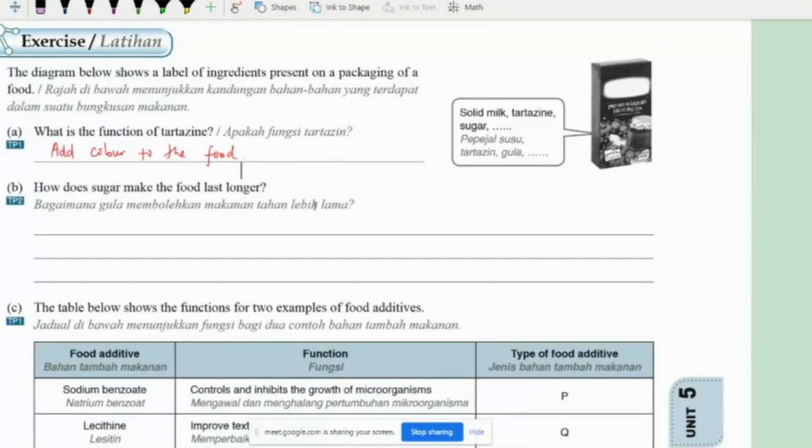Or any other student? Did you write something?